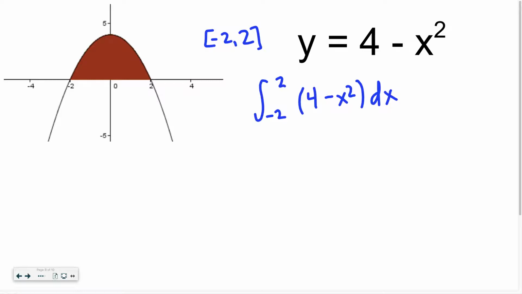All right. First thing we need to calculate is delta x. B minus a over n would be 4 over n.